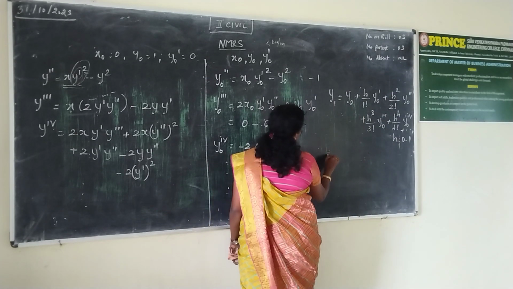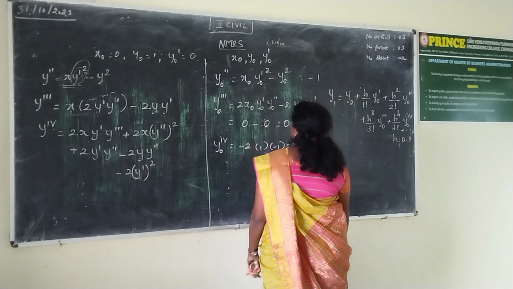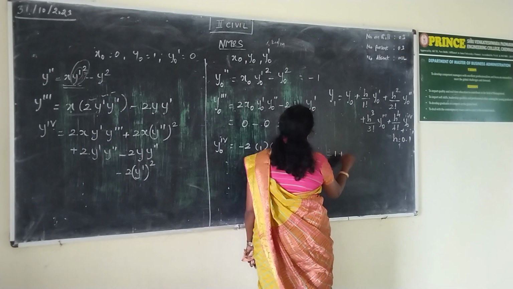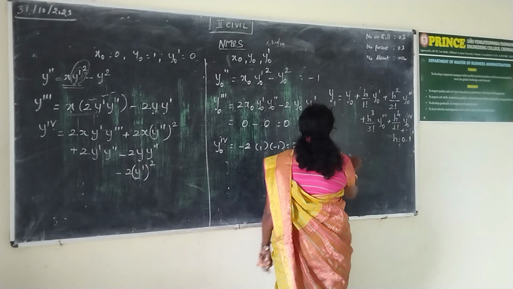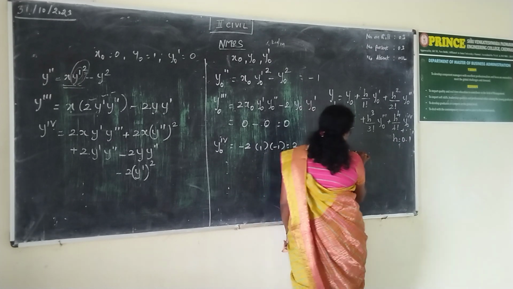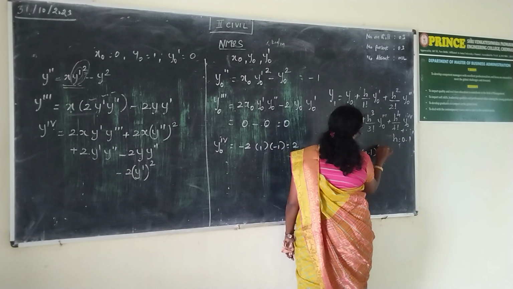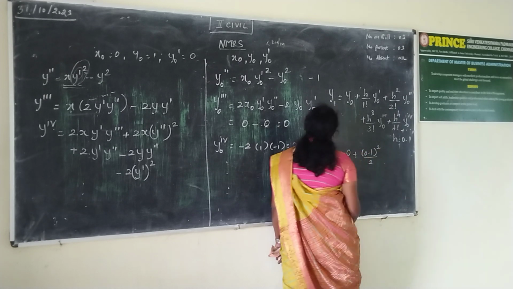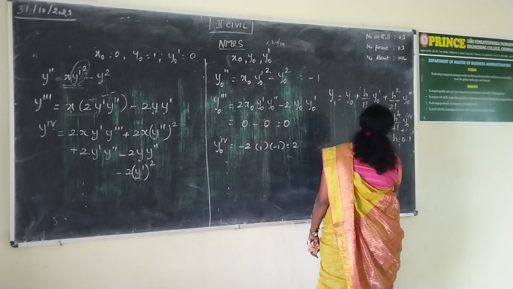So substitute the values. Y naught value is 1 plus y naught dash value is 0 plus y naught double dash is existing, so 0.1 the whole square by 2 into y naught double dash is minus 1.